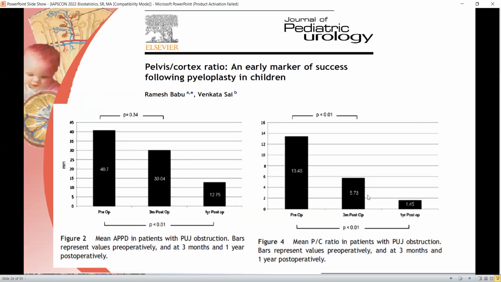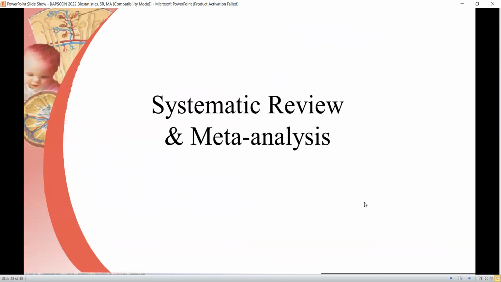Whereas if you use the pelvis and the cortex together as a ratio, you see a difference within 3 months itself. So this test is useful to predict early success following a pyeloplasty. That is a simple way to compare: pelvis size alone works only at 1 year, whereas when you use the cortex also, you can predict at 3 months that the pyeloplasty is working.